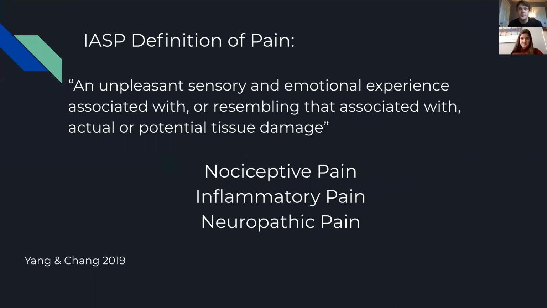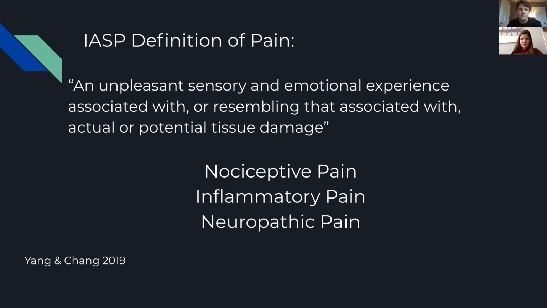The International Association for the Study of Pain defines pain as an unpleasant sensory and emotional experience associated with or resembling that associated with actual or potential tissue damage. What this does is it implies the influence of biopsychosocial factors on our perception of pain and negative affective states alongside pain.